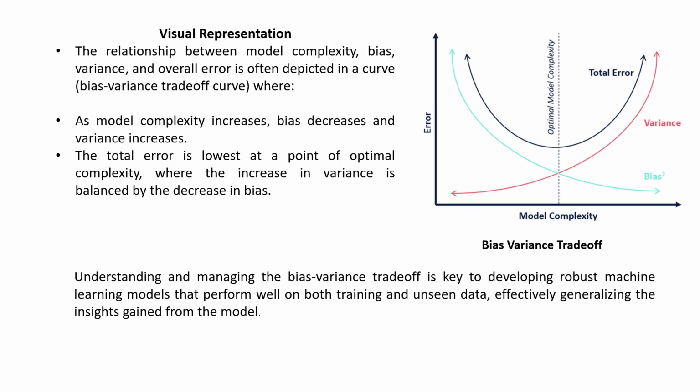By understanding and managing the bias variance trade-off, we can develop proper machine learning models that perform well on both the training and test data sets, so that we can get very effective predictions and we can say that the algorithm we adopt for the given data set is right. We can define what type of algorithm, how it works, and what problems we face. According to that, we have to choose the right model for our data set.